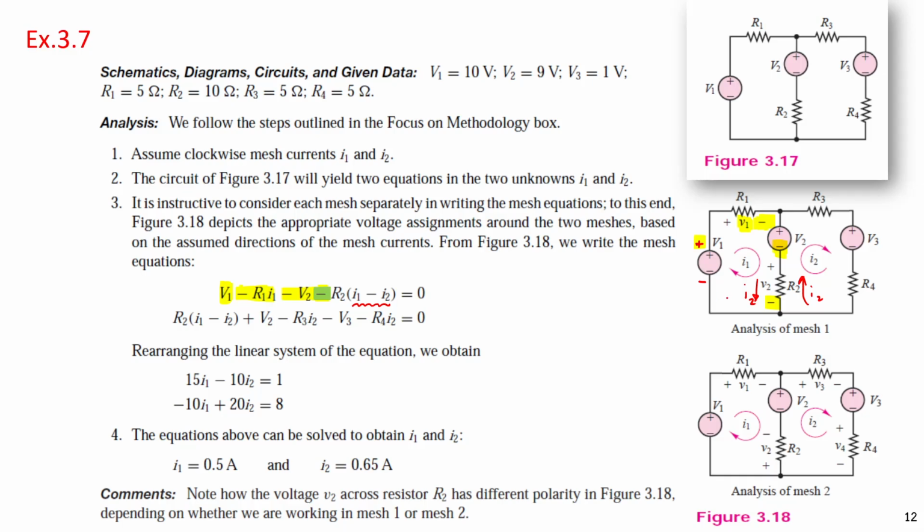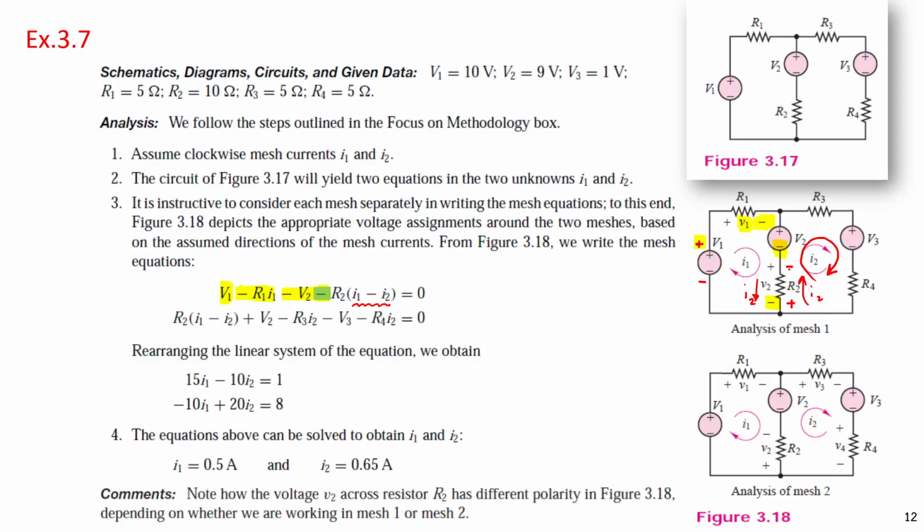Then see for the second loop. If I take it systematically, this is the positive direction, so the current will flow plus to minus here, I2.